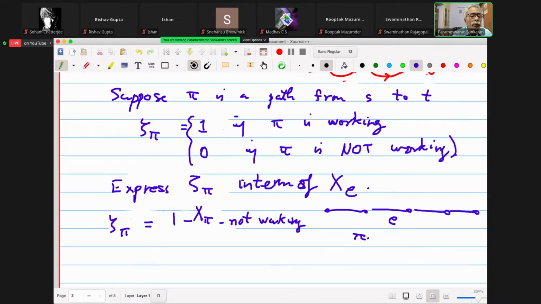I'm just going to copy from the book and explain. I think that's better. Indicator function of this not working. 1 minus. Okay, so he's defining not for an individual path, but for the whole thing together.